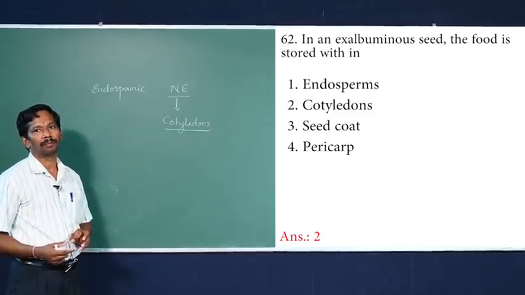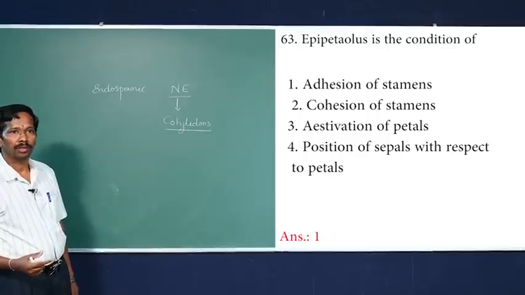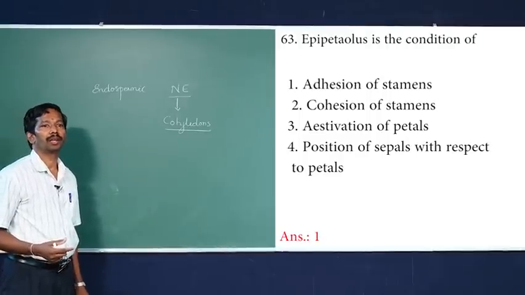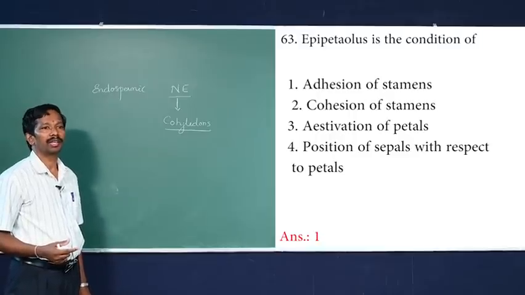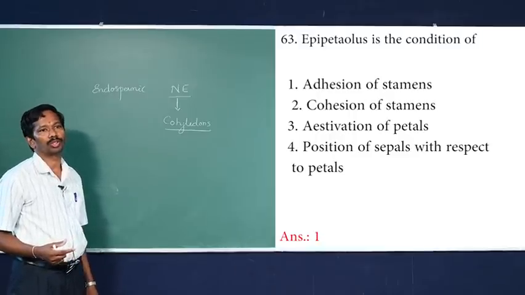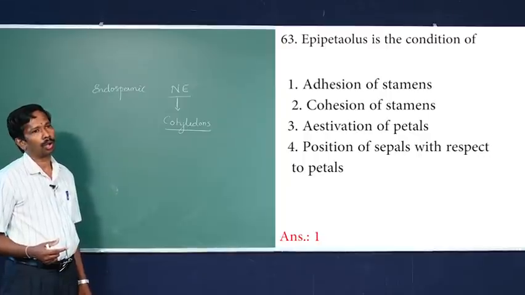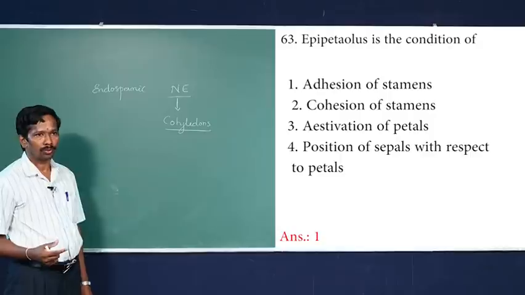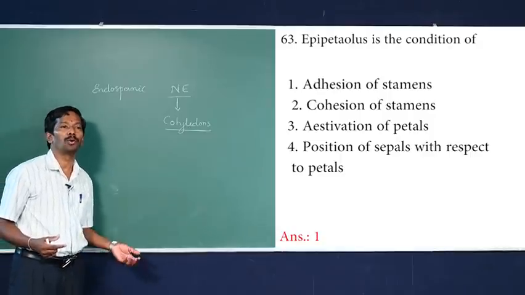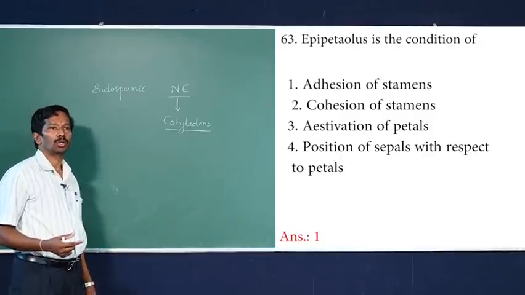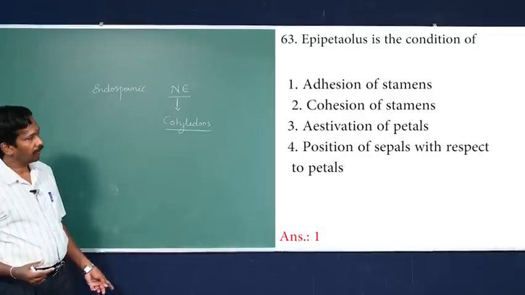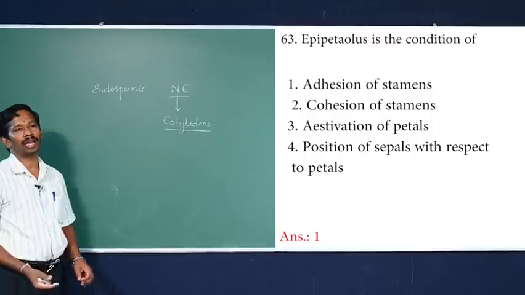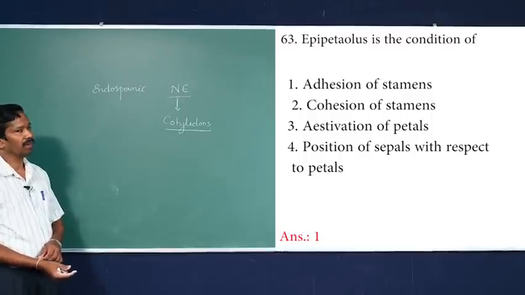Next one, epipetalous is a condition of option 1, adhesion of stamen, second one cohesion of stamen, third one aestivation of petal, and fourth one position of sepal with respect to petal. So option 1 answer for that, because when petals are attached with stamen or stamens are present above the petal, the condition is called as epipetalous stamen, and if stamens are attached to the perianth, then the term is called as epiphyllous stamen, as you can find in the case of members of Liliaceae.